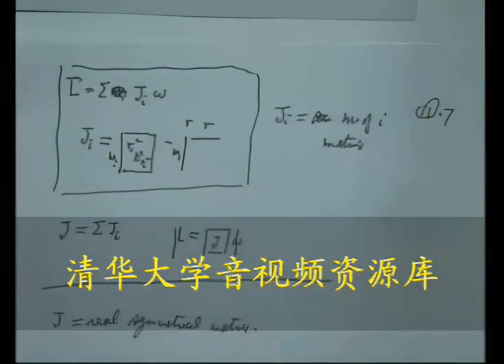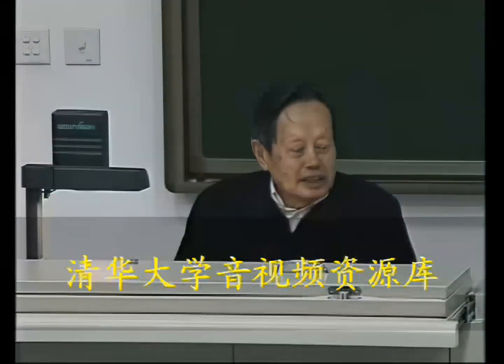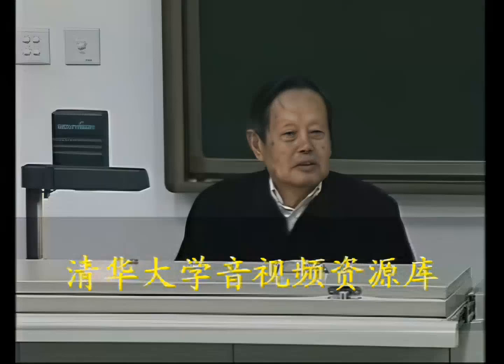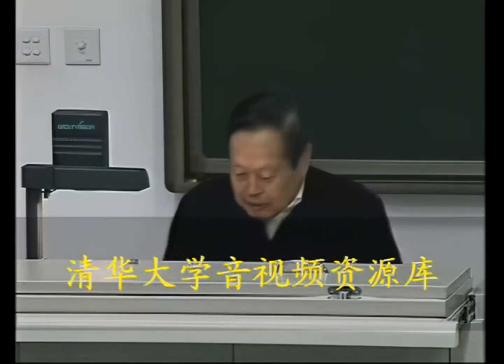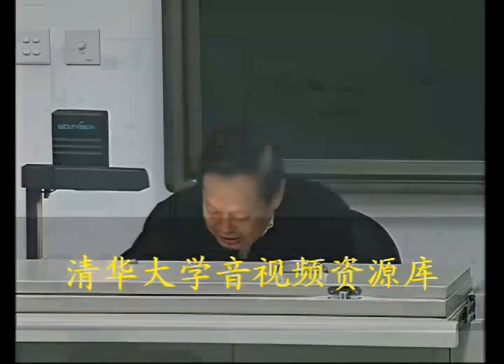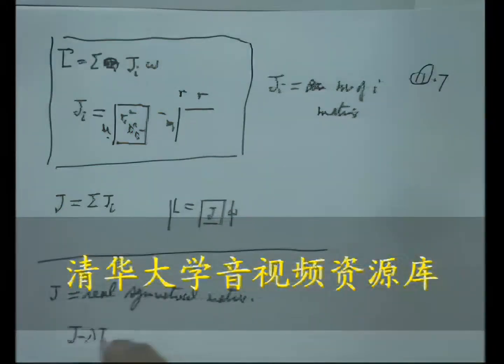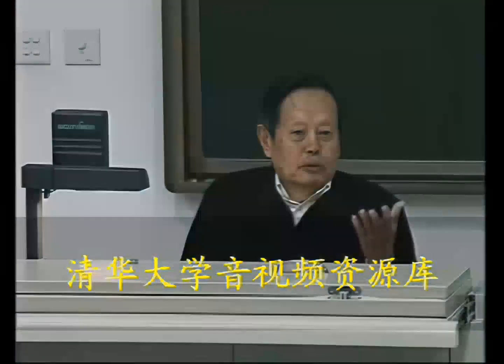Now a real symmetrical matrix, any 3 by 3 matrix, has 3 eigenvalues. We have already talked about the concept of eigenvalue. If I take J minus lambda I, where I is the unit matrix, and take the determinant and put it equal to 0, that gives you a cubic equation in lambda with real coefficients.